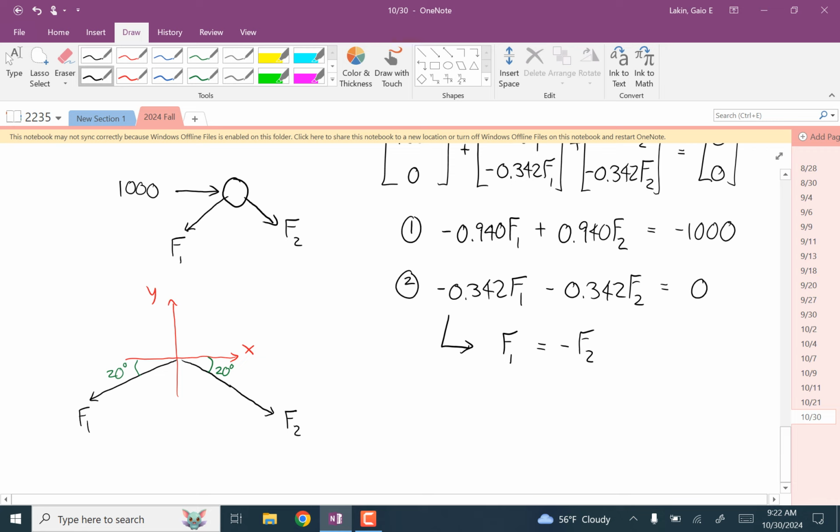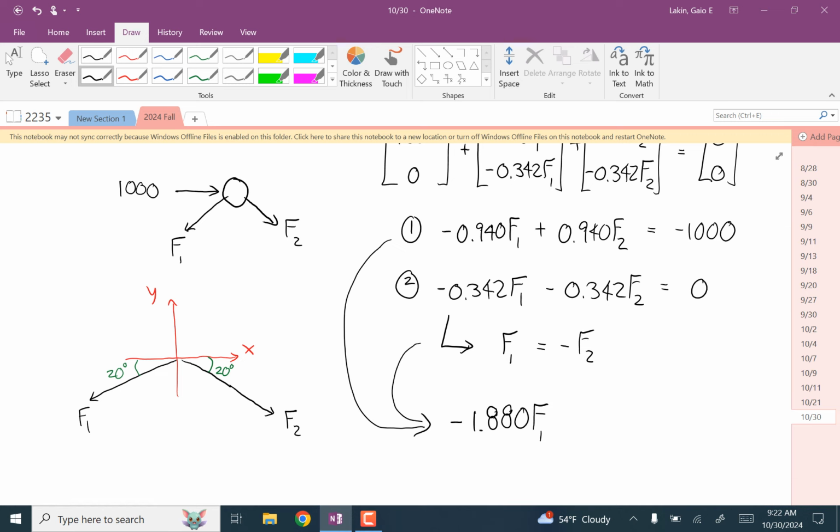And so then you can plug this in and you get negative 1.880 F1 is equal to negative 1,000.